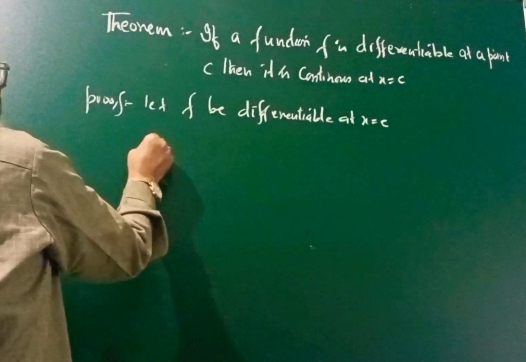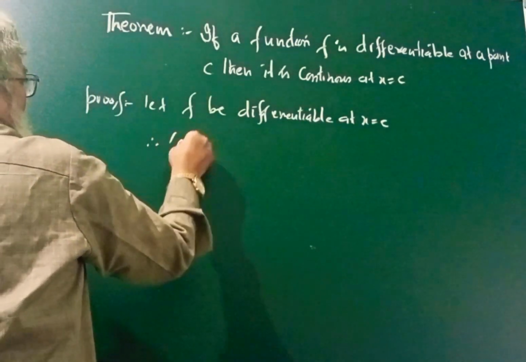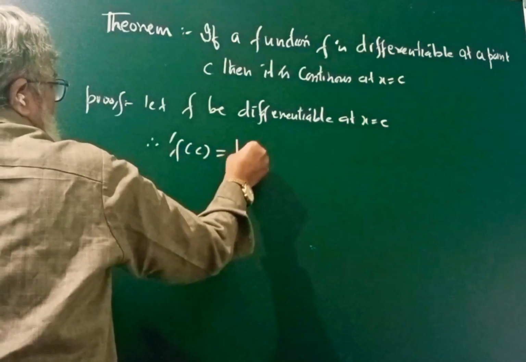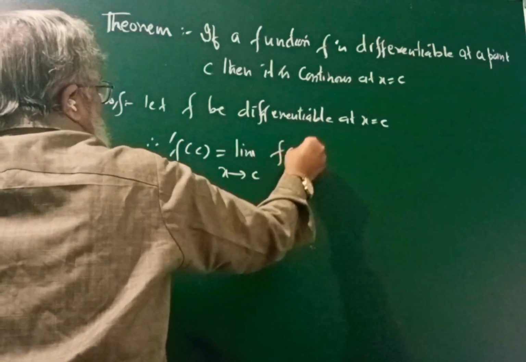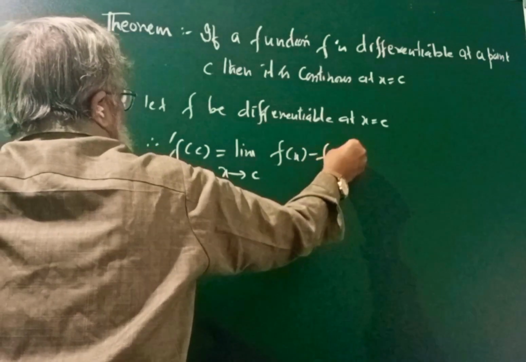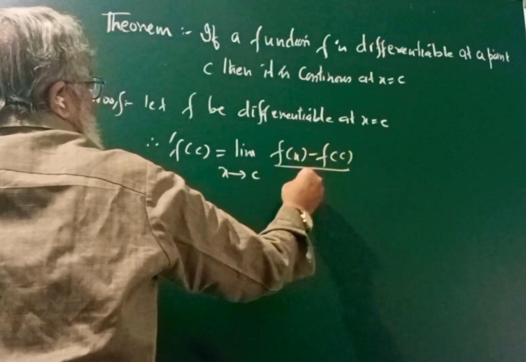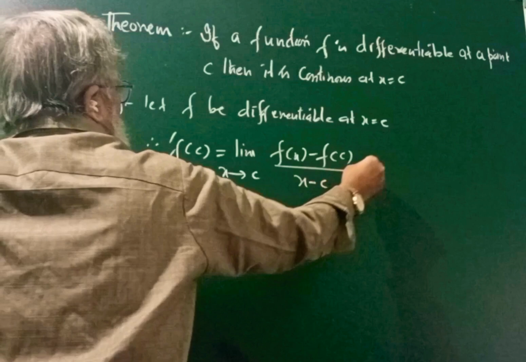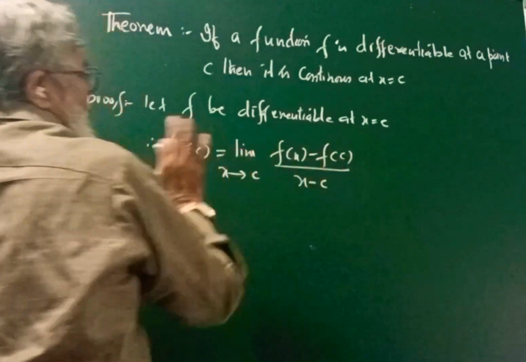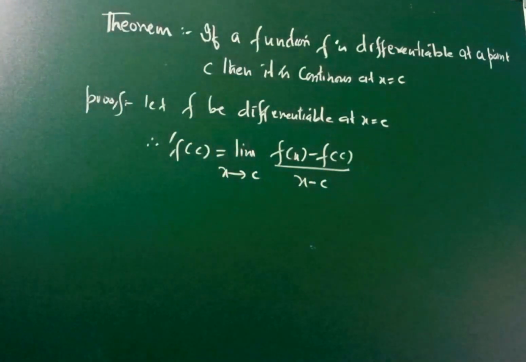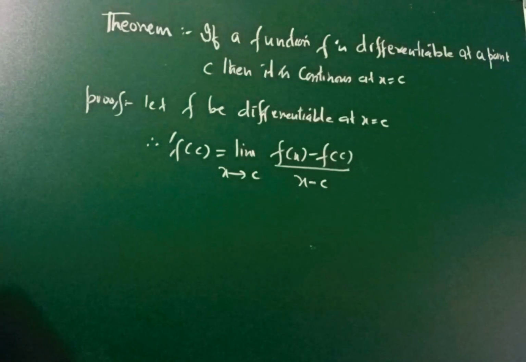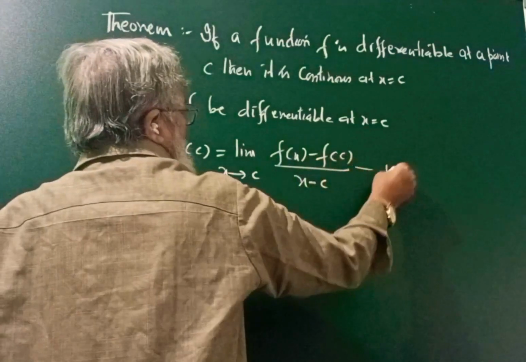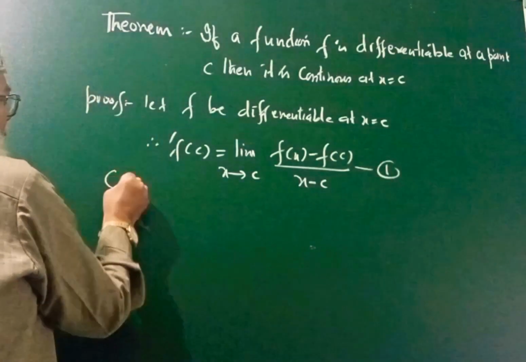By the formula of differentiation, f dash c will be equal to the limit as x tends to c of f(x) minus f(c) divided by x minus c, which is equal to f dash c. That is the definition of differentiability. Now we have to prove that f(x) is continuous. This is equation 1.